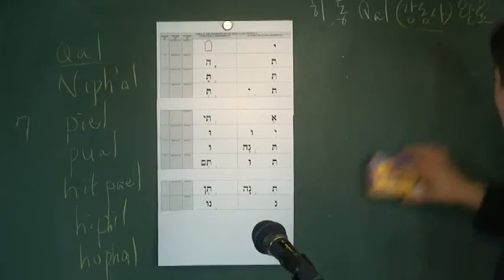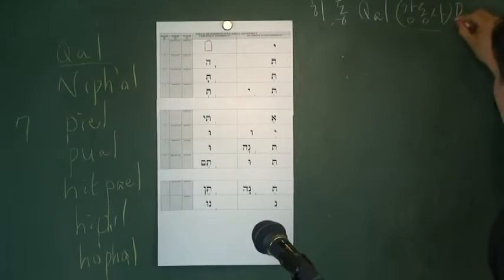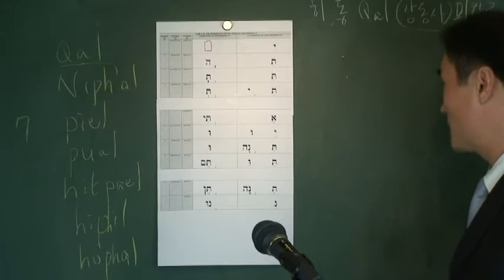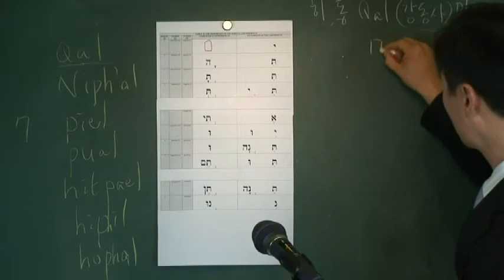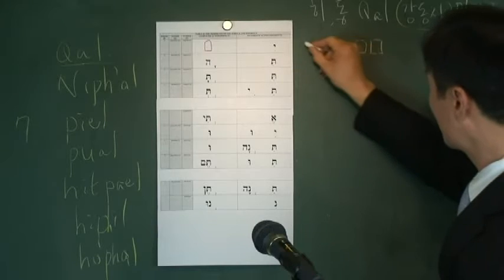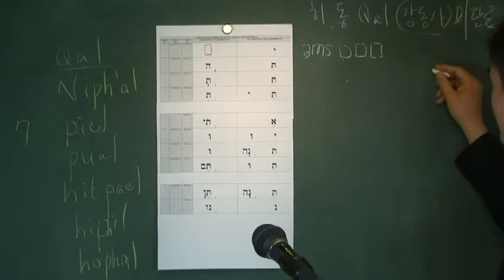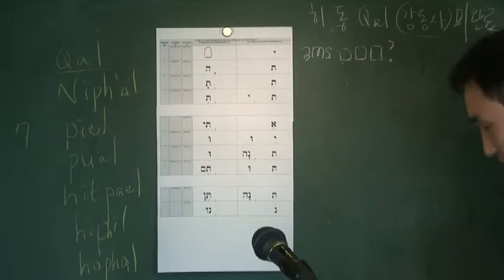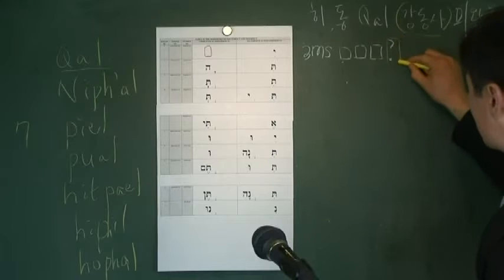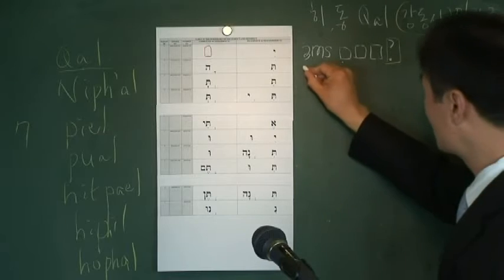Now let's review the model of the imperfect form of the kal verb. The imperfect form is first the third person masculine singular. The prefix e is added to the basic consonant.